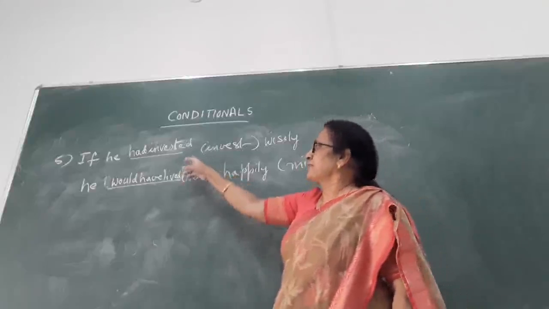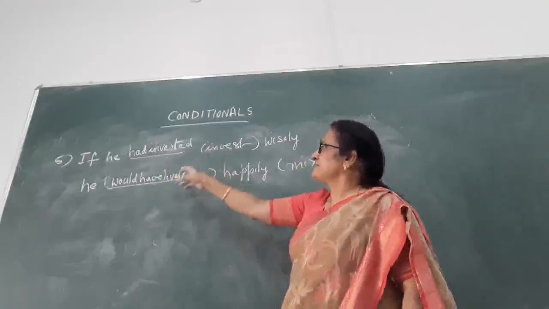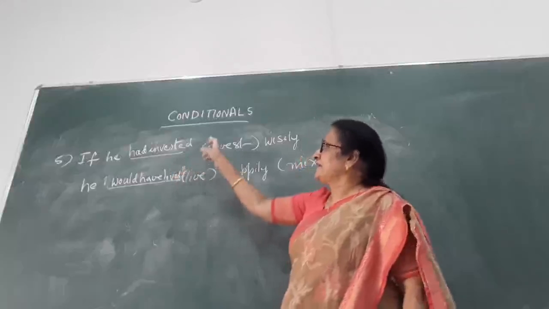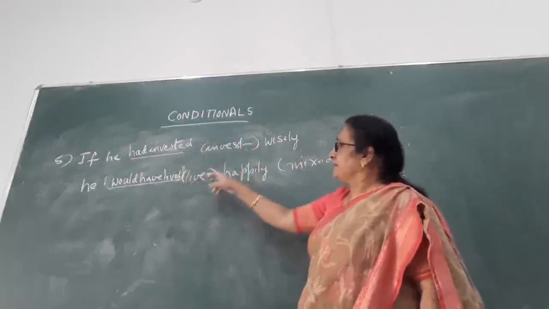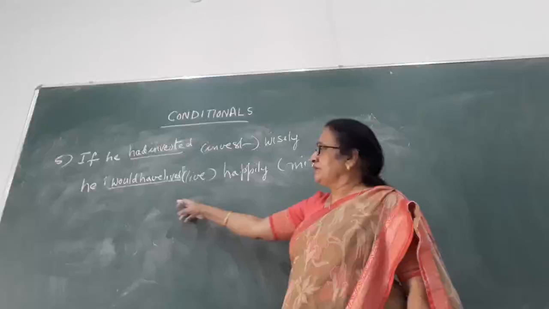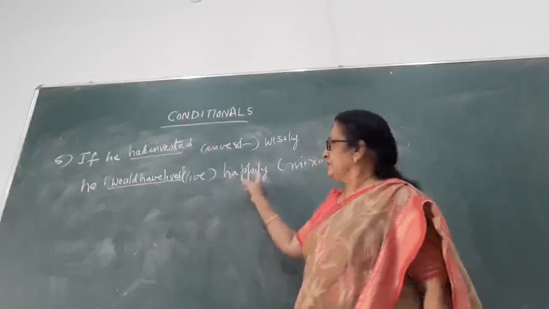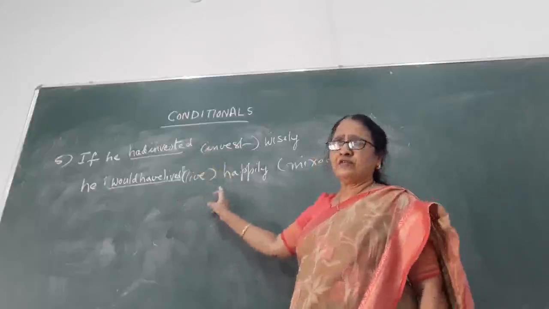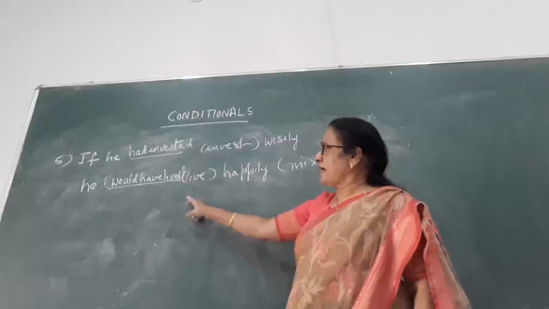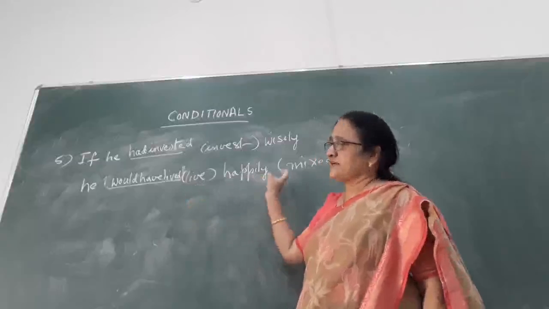It will be past perfect. So invest becomes had invested. If he had invested, then the main clause will be would plus have plus V3. Then live becomes lived: he would have lived. This is the mixed conditional.